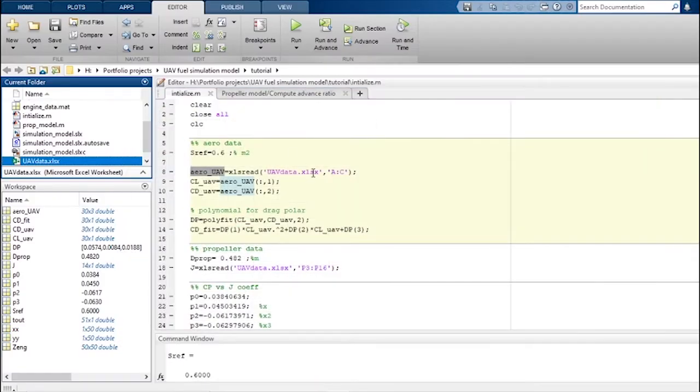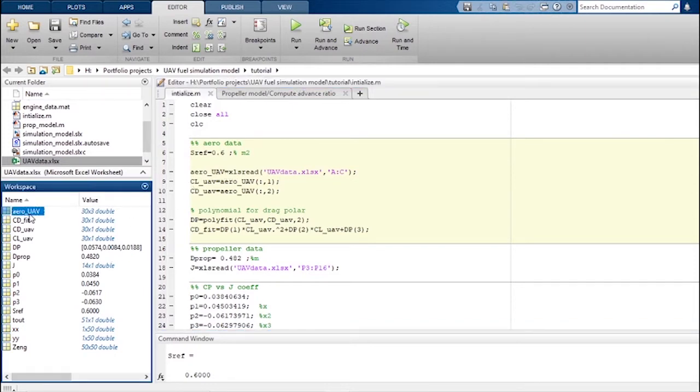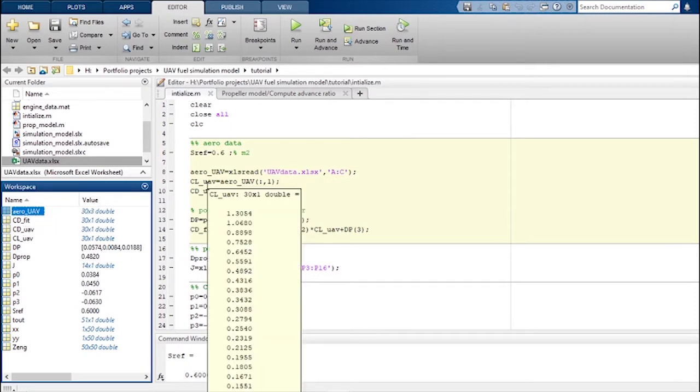Once I have this data, I will first import it into the MATLAB environment, and this data is being exported as the aero UAV matrix, and then I will subdivide these into their representative values.